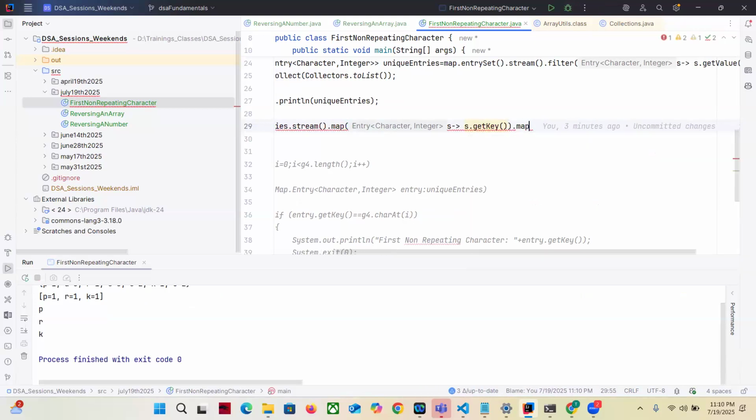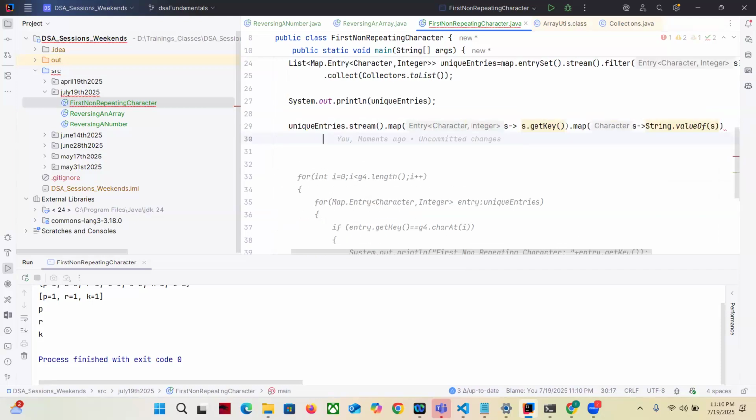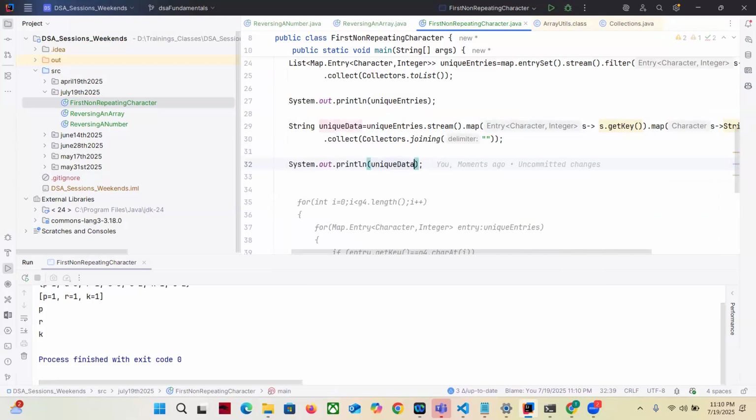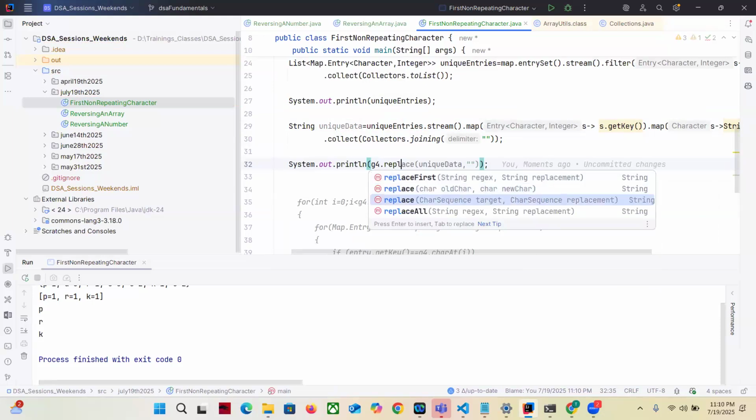I know what to do. Unique data. Unique data. G4 dot replace all.